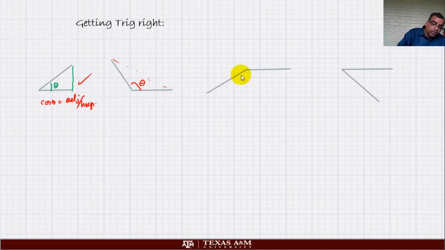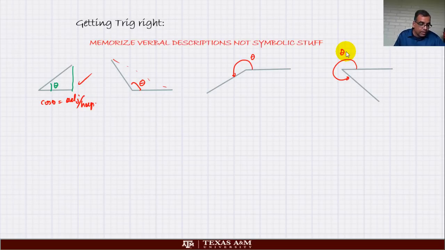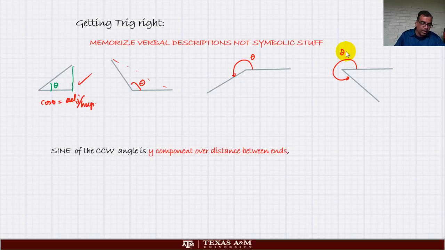Forget about these cases. If I give you this angle and if I give you this angle, the correct way to do that is the following. Please do not make this mistake by memorizing it as adjacent side versus hypotenuse. It's much better to remember that the sine of a counterclockwise angle is the y component over the distance between the ends.